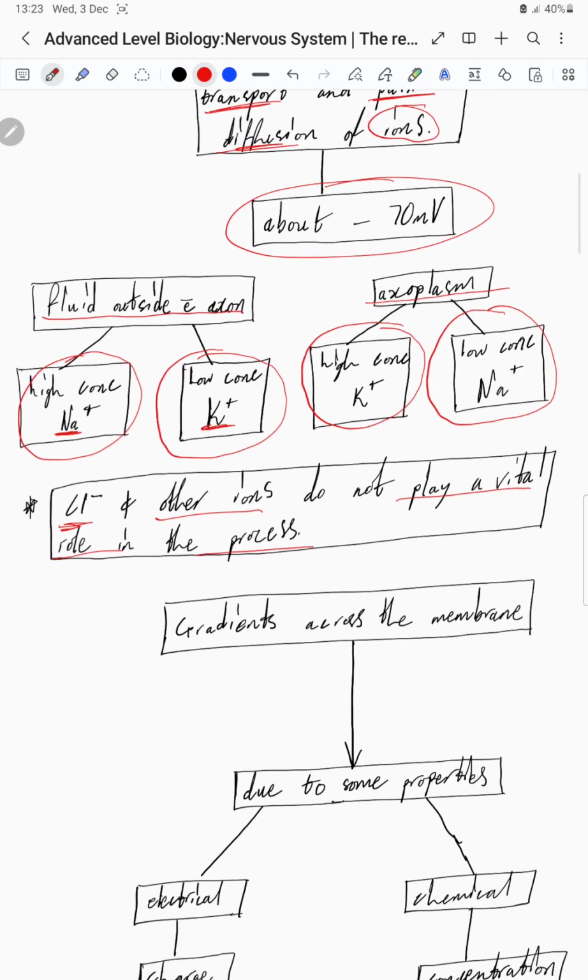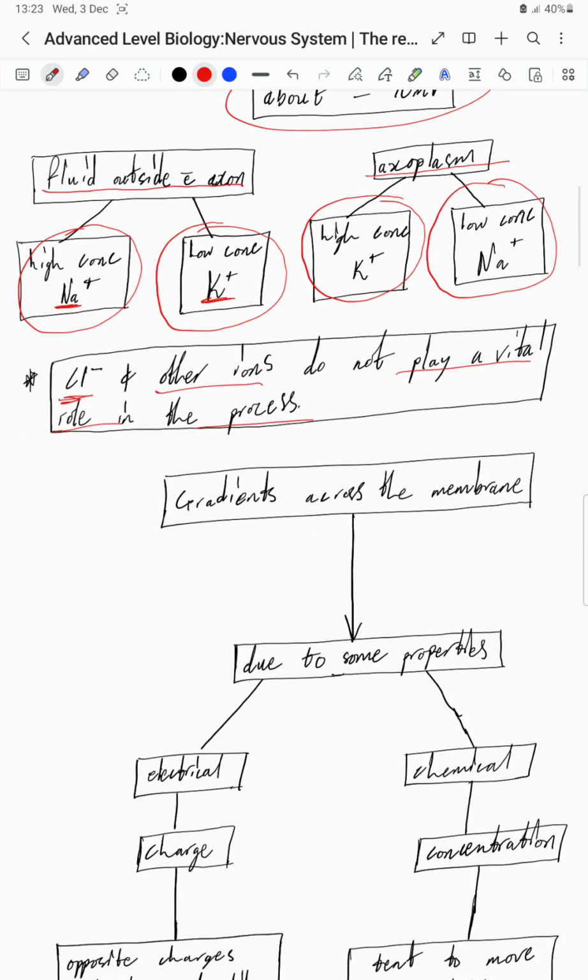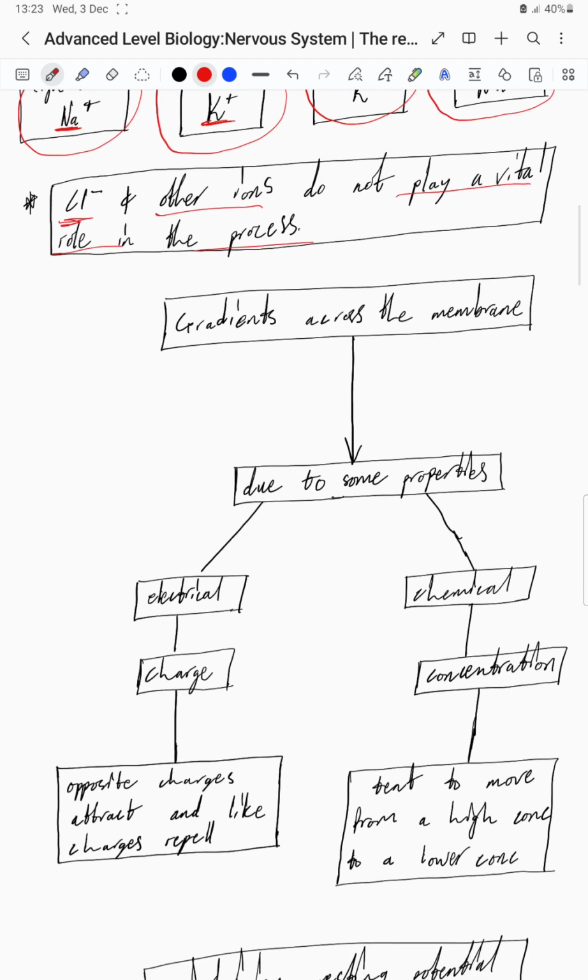Okay, so there is a gradient across the membrane. These gradients are due to some properties. We have electrical properties and chemical properties. When we look at electrical properties, we are looking at charge, and we say opposite charges attract.